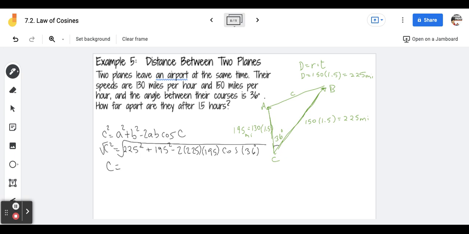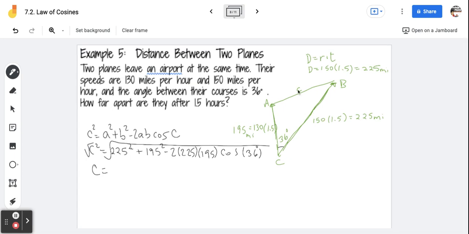Always make sure you're in degree mode if you need to be. All right, so it's 132.9. All right, so depending on where they ask you to round, it doesn't specify. So, all right, and that's how far apart they are. They're 132.9 miles apart, and that's all it asked on this question.